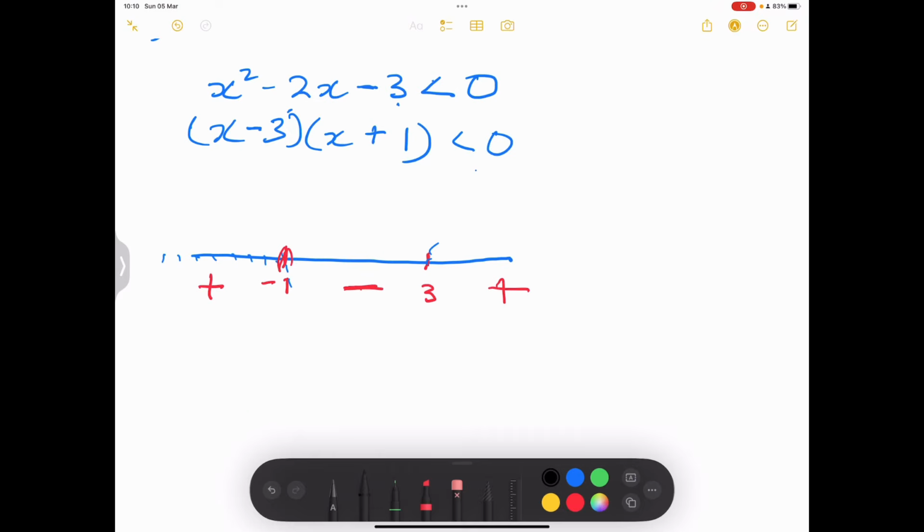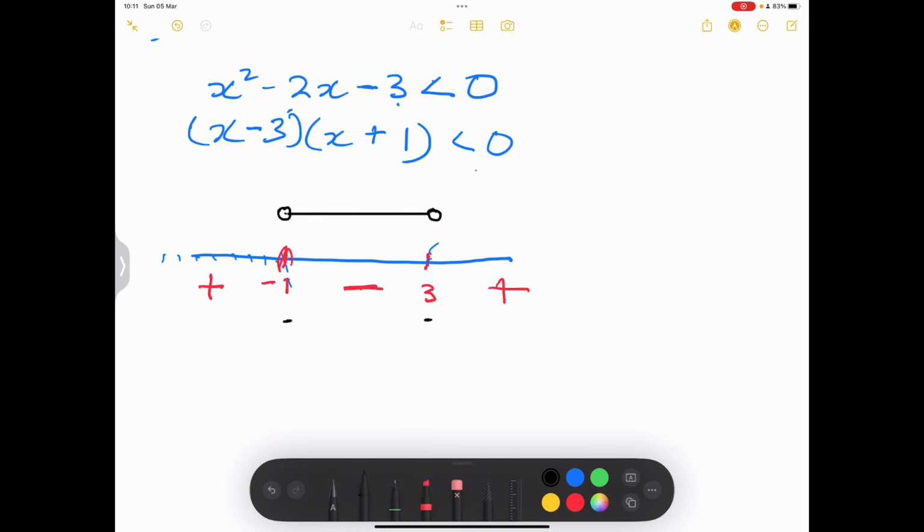Now let's find the solution. Where is this graph less than 0? Remember, because we said it's less than 0, it means it will be between -1 and 3. But remember, -1 would be a critical value. It would be exactly equal to 0 at that point, so we don't include it, and we symbolize that with an open dot. And then all the way up until we get to 3, again we symbolize that with an open dot.